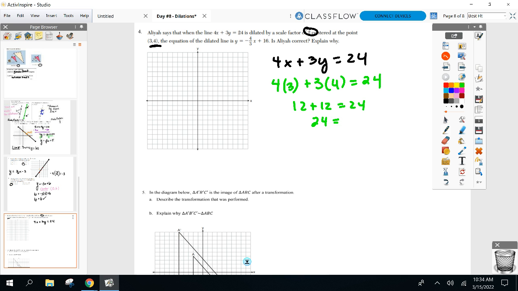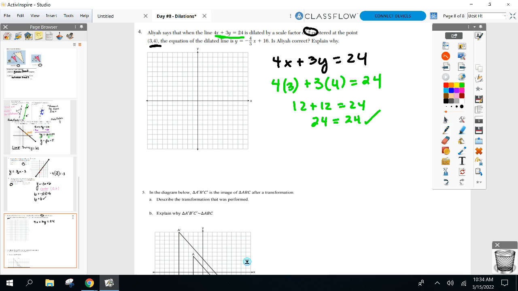So is 3, 4 on this line? Yeah, it is. So my answer should be what? What's my new line going to be? If my center's on the line, what's my new point? Same line, right?